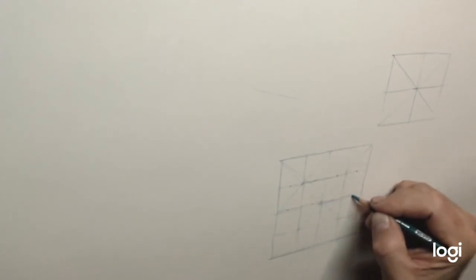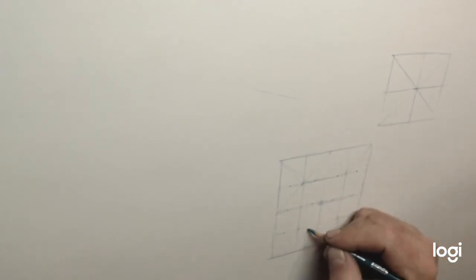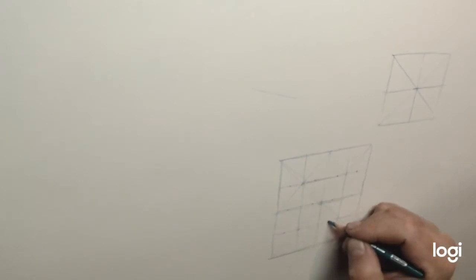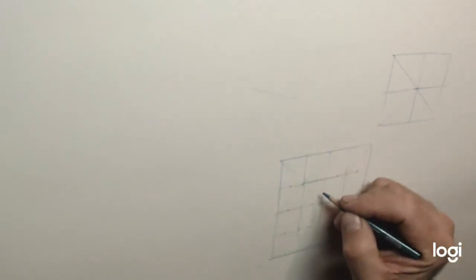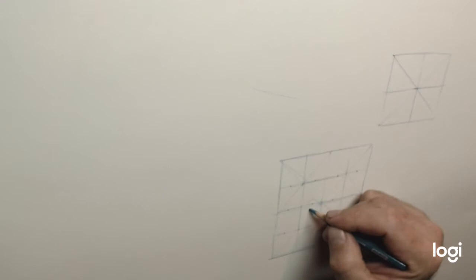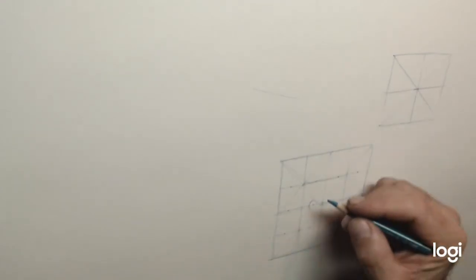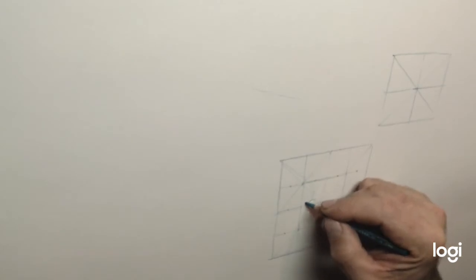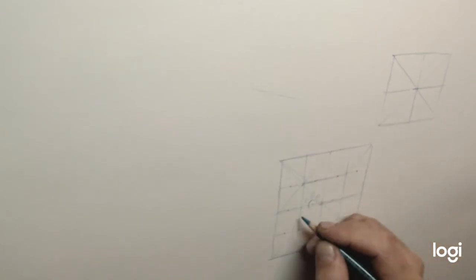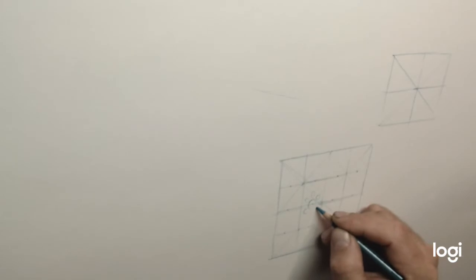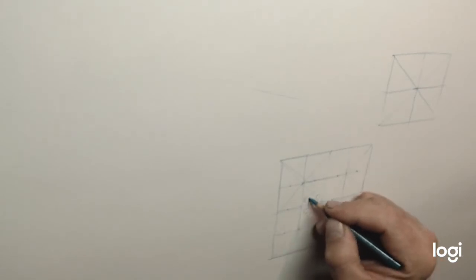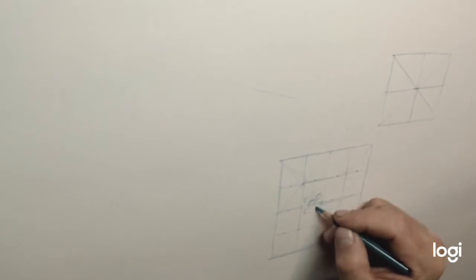So I take the middle of each of these lines. And here's a little pattern I like. I'm going to start here. And it's kind of like a little flower.